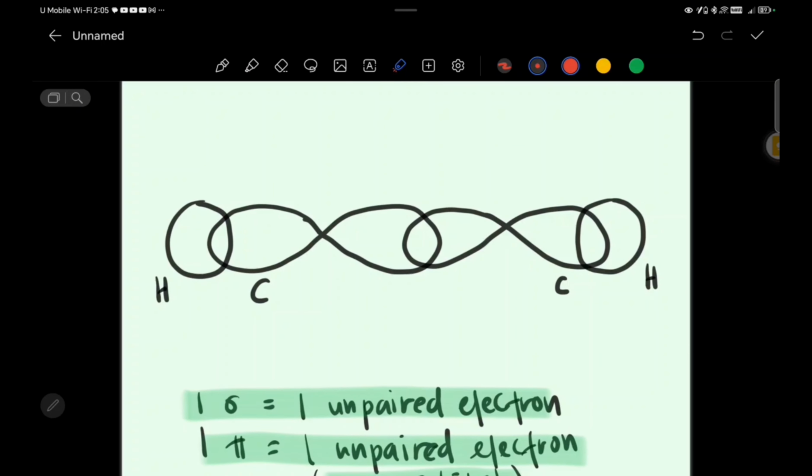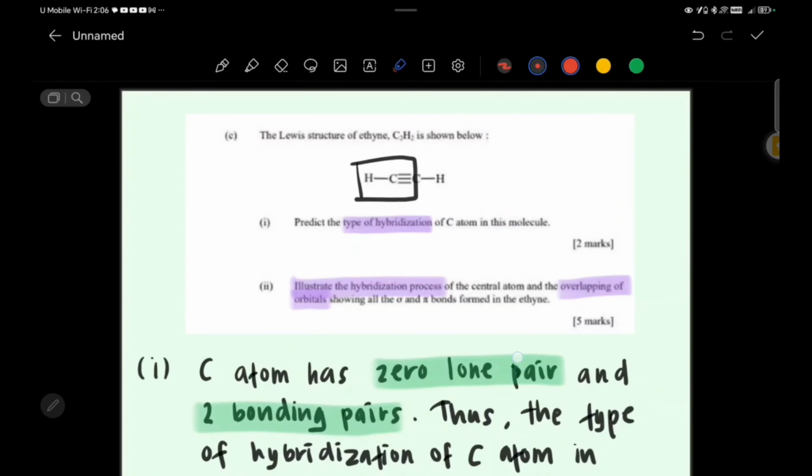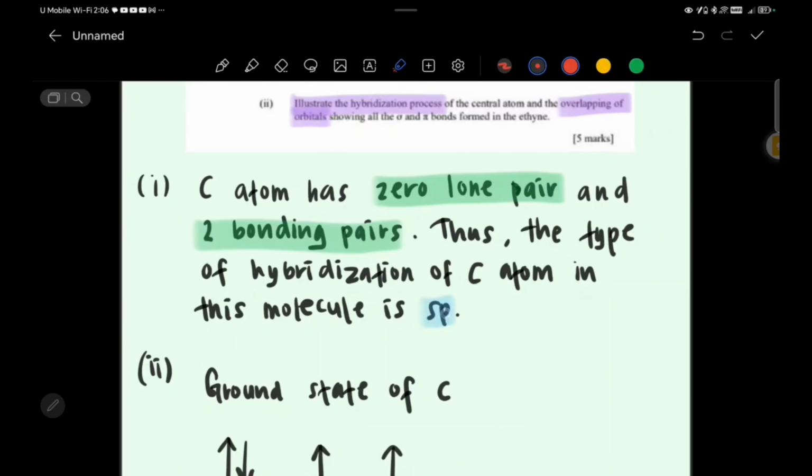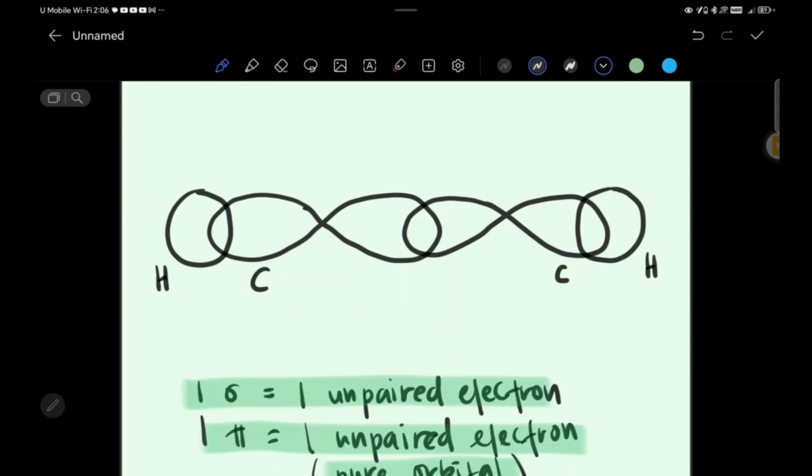The first step is to draw the overlapping orbitals. We need to draw the sp, which is the one we get from this hybridization. The type of hybridization is sp, so we draw the sp first. This is the sp for 1 carbon.